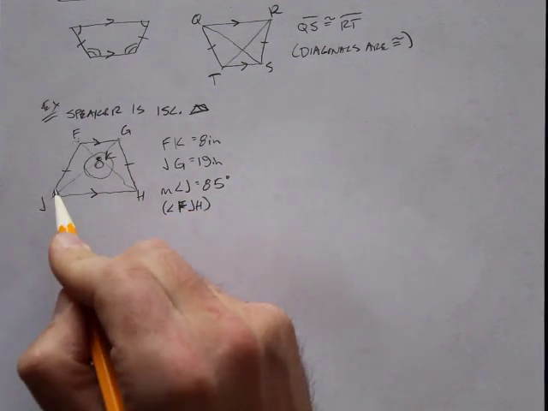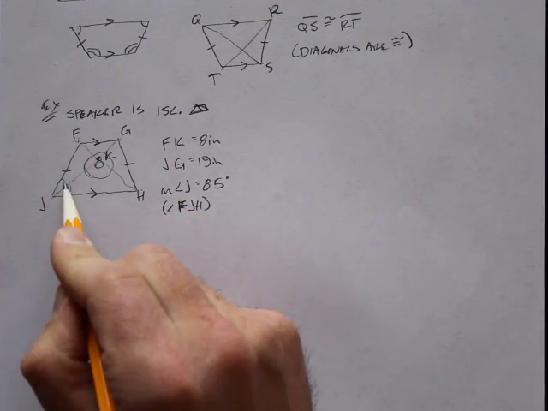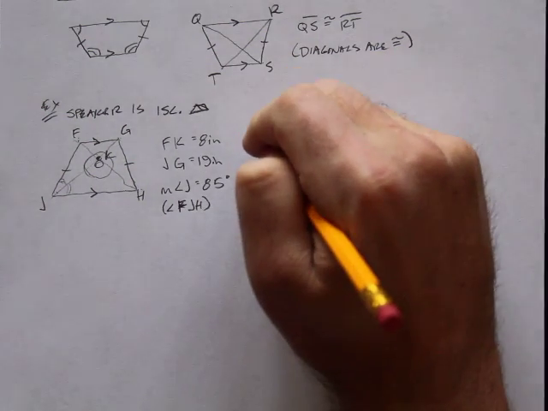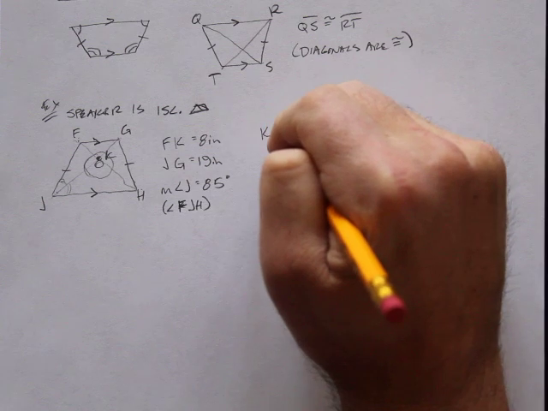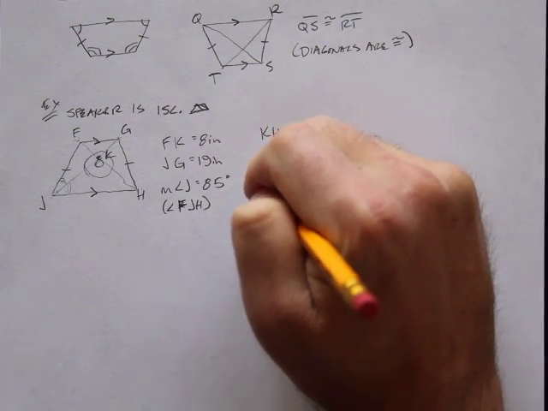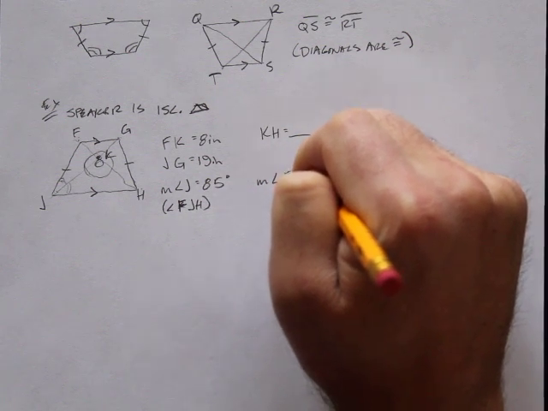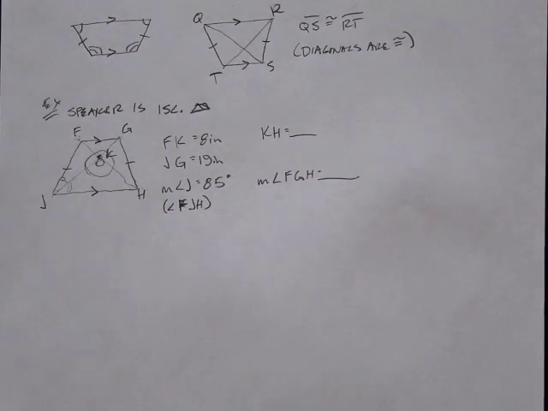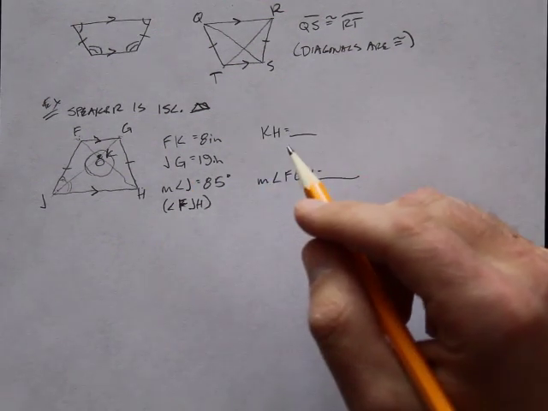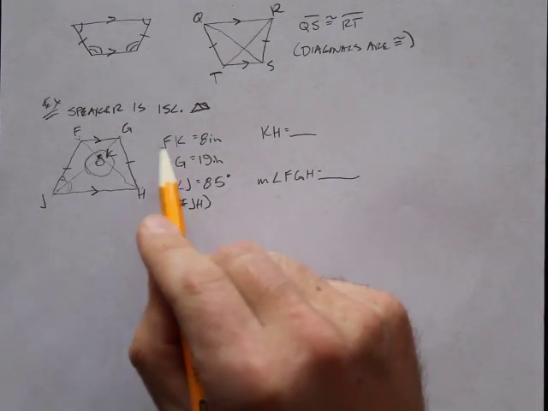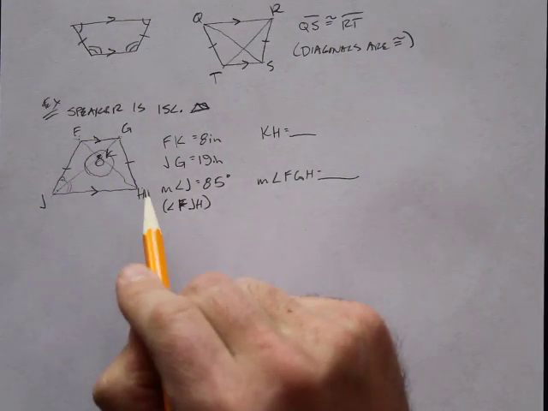So this whole thing right here is 85 degrees. I want to know what is the measure of KH and what is the measure of FGH. Whew. All right, so we're going to walk through this one, and then I'm going to give you one to do on your own.